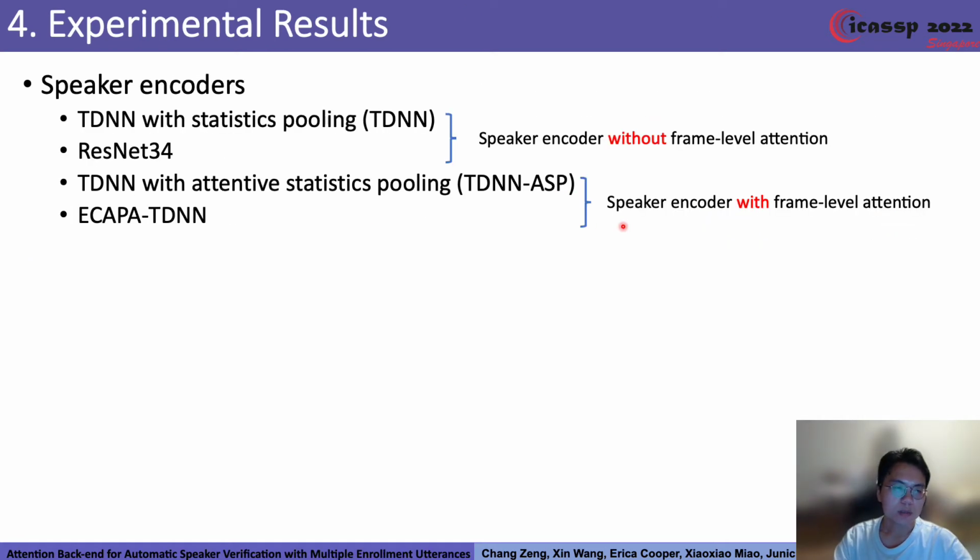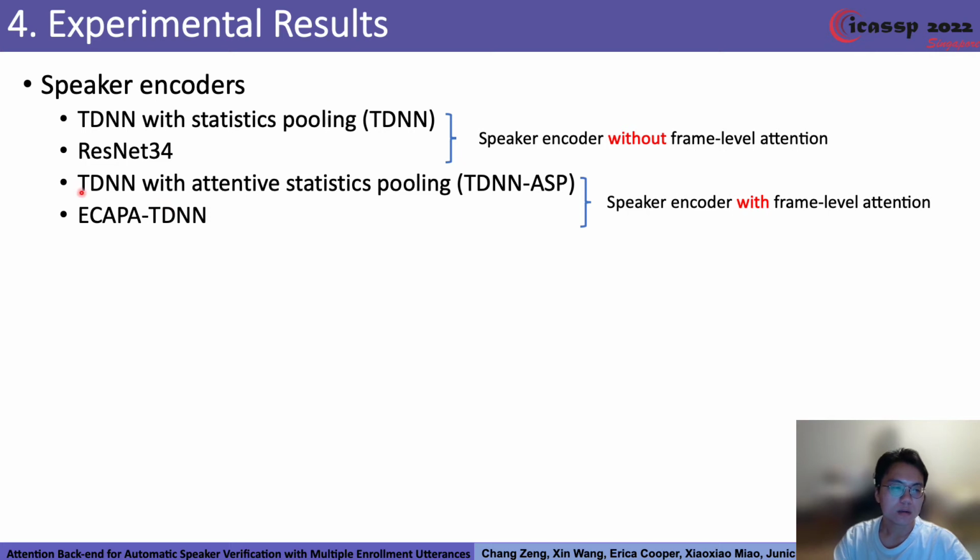In our experiments, we use 4 different speaker encoders to extract the speaker embeddings. The first is the time delay neural network with statistical pooling. The next is the ResNet34. Both of them are speaker encoders without frame level attention. We also use speaker encoders with frame level attention.